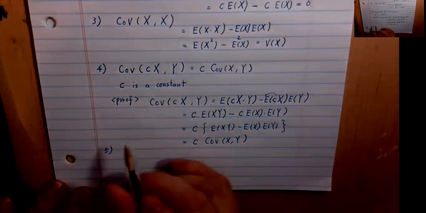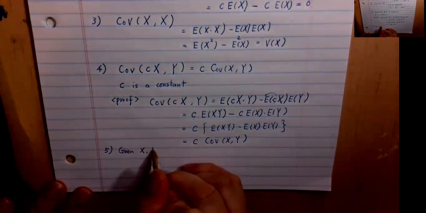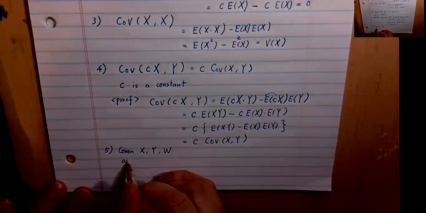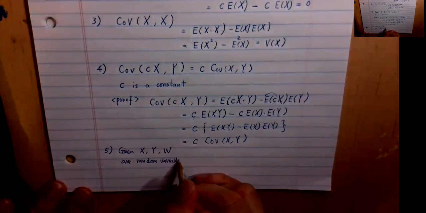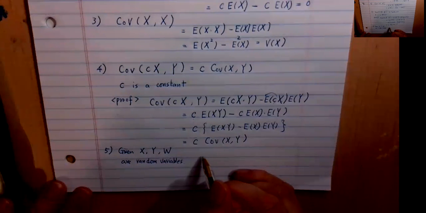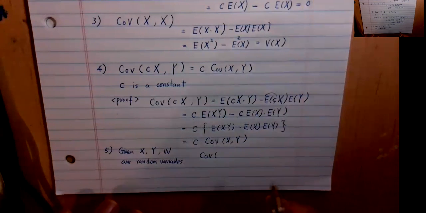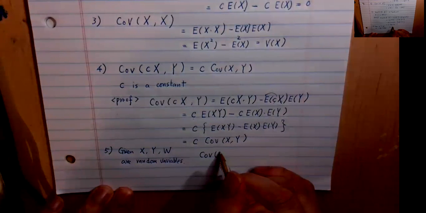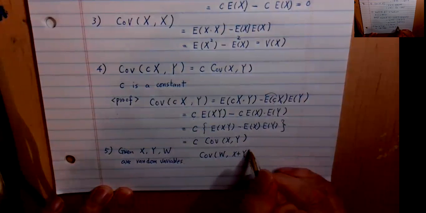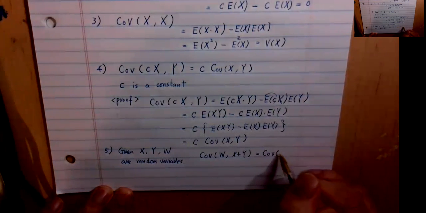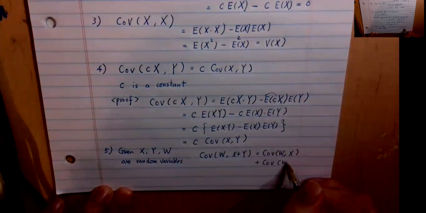Now, suppose X, Y, W are random variables, then covariance of W and X plus Y is equal to covariance WX plus covariance WY.